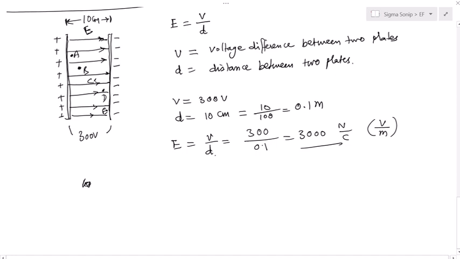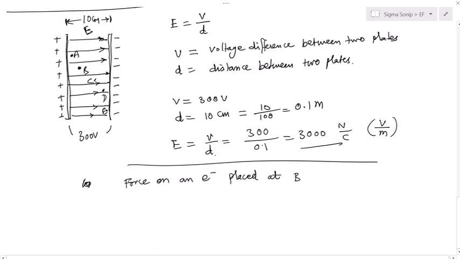So what we are trying to calculate is the force on an electron placed at B in our diagram above. We know F equals Q times E, where Q is the charge of the electron. So Q equals 1.6 times 10 to the minus 19 Coulomb, and the electric field intensity we just calculated is 3000 Newton per Coulomb.